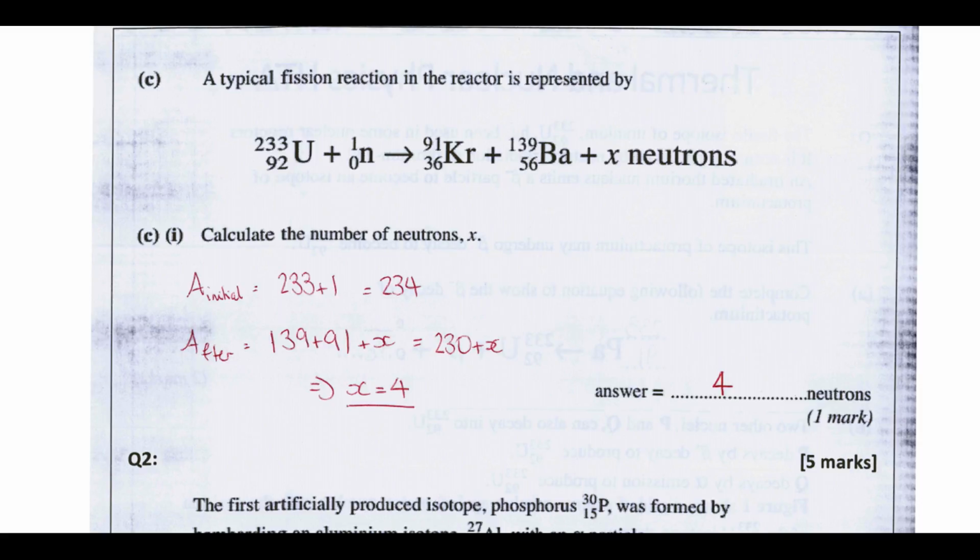So as you should know from your particle physics section at the start, number of baryons must be the same before and after an interaction. So we've got 234 here. Currently we have, what's this, 230, which means we're missing 4 baryons. So there's 4 neutrons produced here. So you're just applying conservation of baryon number.